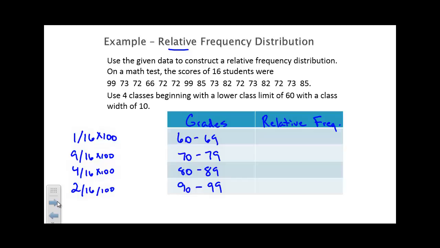And remember that 1, 9, 4, and 2, those came from the previous example where we were just doing the frequency distribution. Those were the frequency of each class. We used those to find the relative frequency.